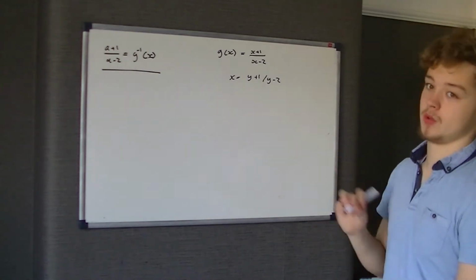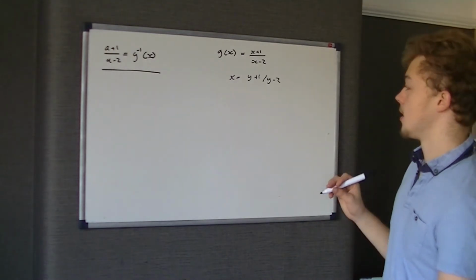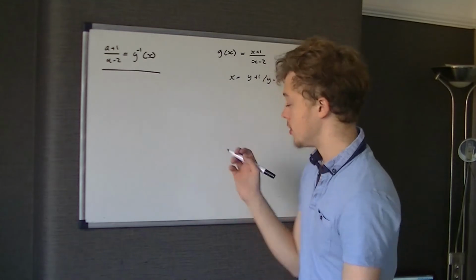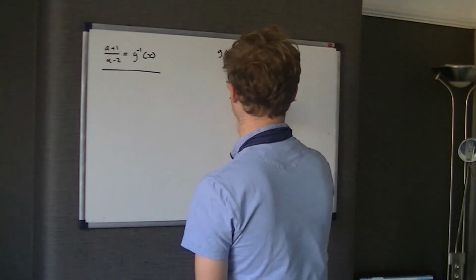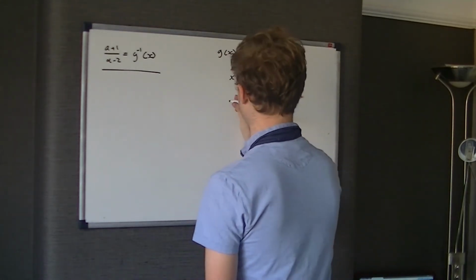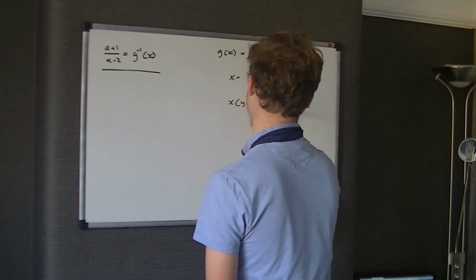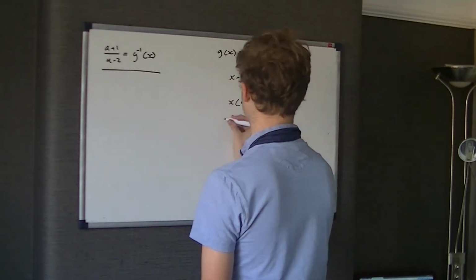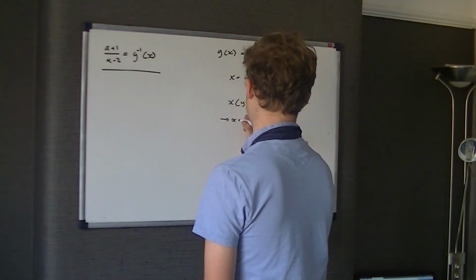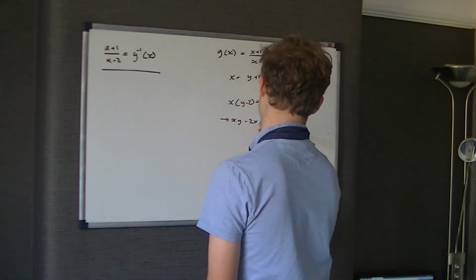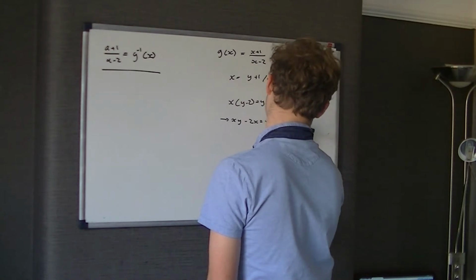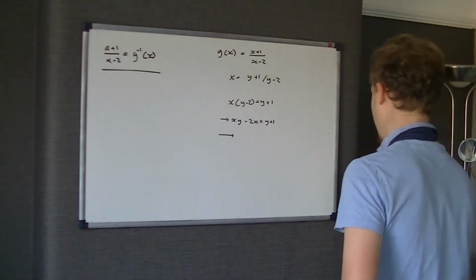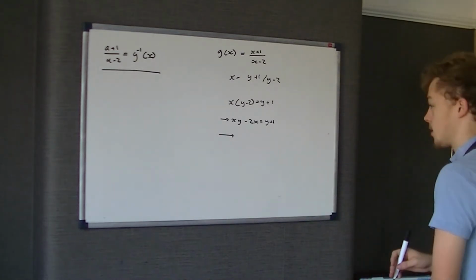It's quite confusing, but if you have any other ways, just let me know, and I'll try and explain it in that way. So therefore, x times y take 2 equals y plus 1. Expand that out, so xy take 2x is equal to y plus 1. Therefore, as we said, we want to make y the subject.